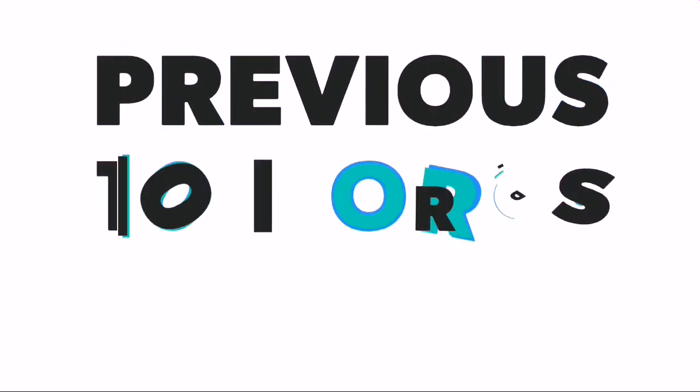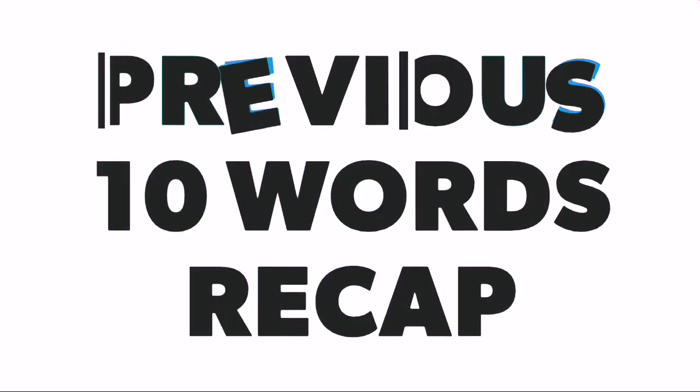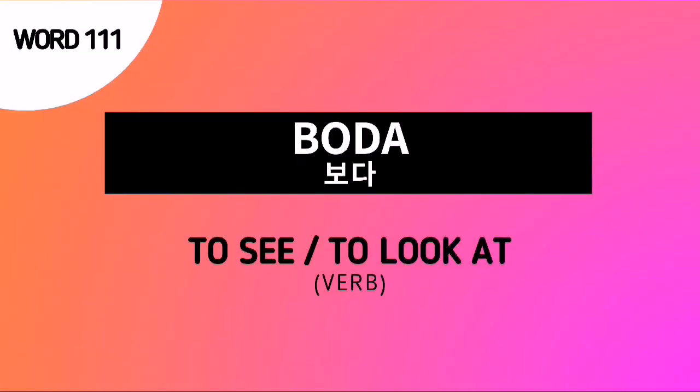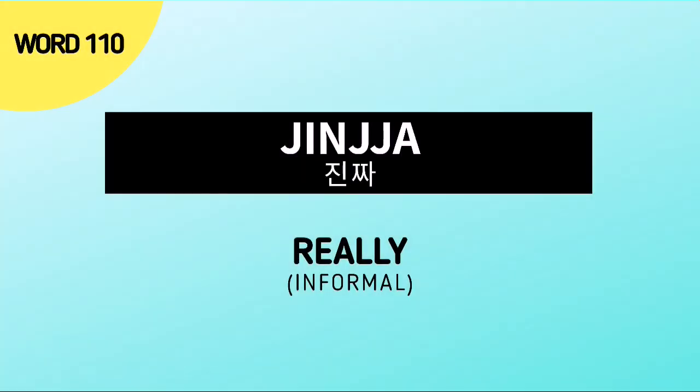Now let's proceed to the previous 10 words recap. As of now, the previous 10 words are words number 101 to 110. But don't forget, our word for today is 보다. This is a root verb which means to see or to look at. Word number 110 is 진짜, and this is an informal way of saying really.